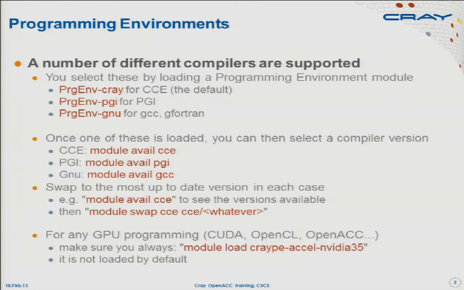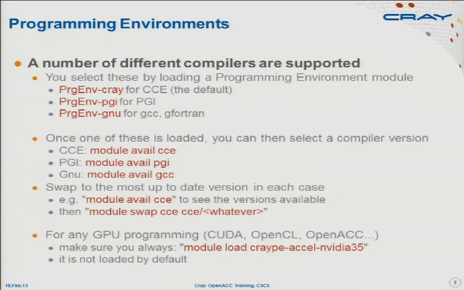PGI also support OpenACC, but I haven't tested the exercises with the PGI compiler, and so I really would prefer if people used the Cray one for now. I mean, if there are problems with PGI, I'm happy to try and work out what they are and try and solve them, but I think the best use of your time is not to try going into any portability issues today. There's also GCC and other ones.